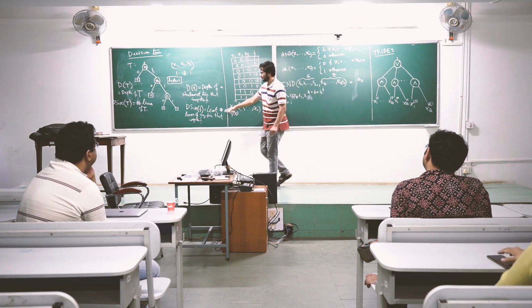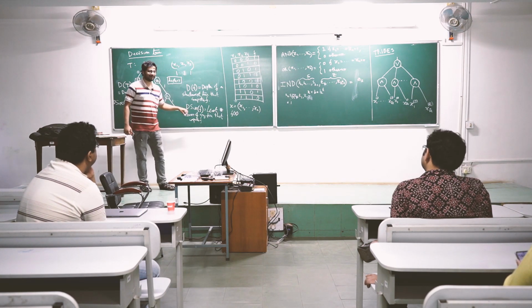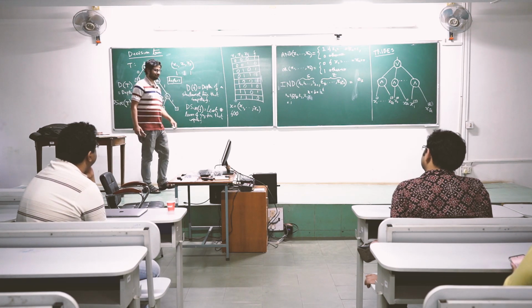For D of f, a dual degree student of mine has found that given a truth table, there is a polynomial time algorithm to find D of f, polynomial in the size of the truth table, so polynomial in 2 to the power n. D size I don't know, I haven't thought about it.